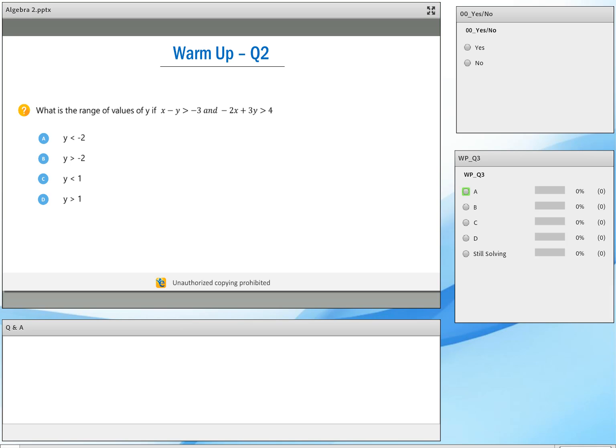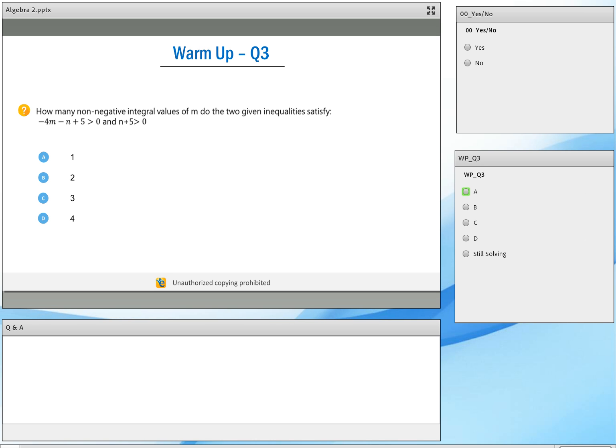Here comes question number 3. Please click on still solving. All right, here you go.